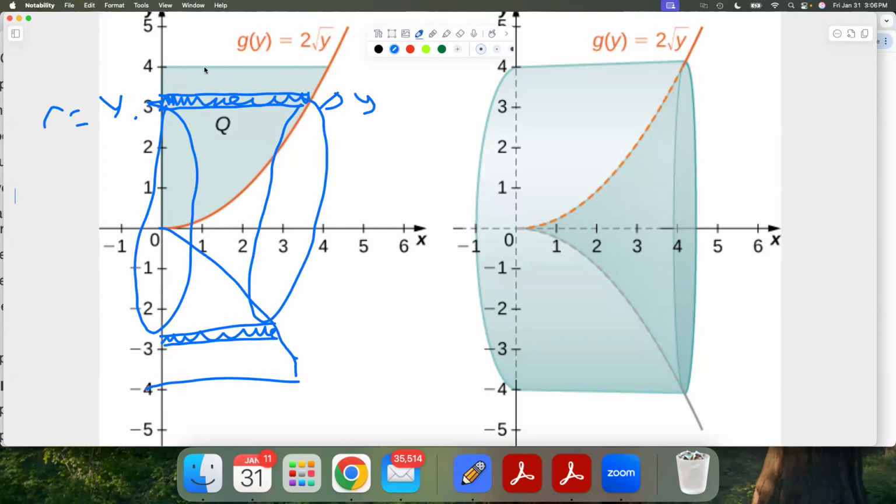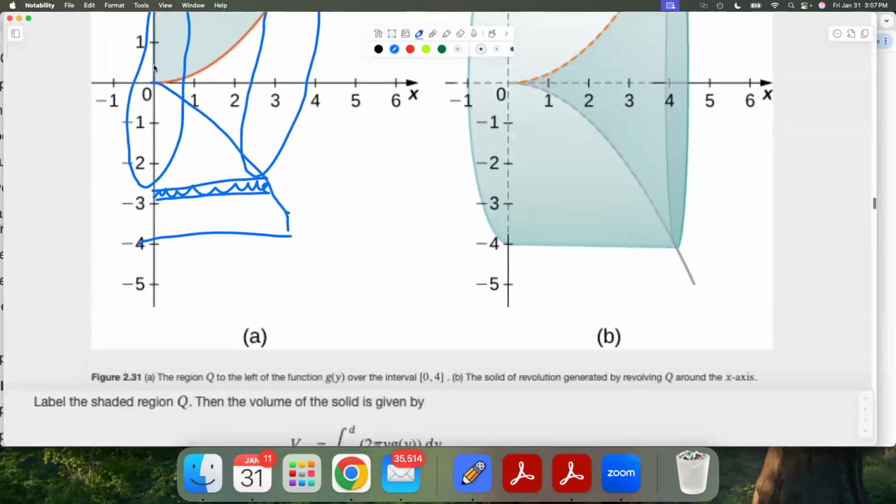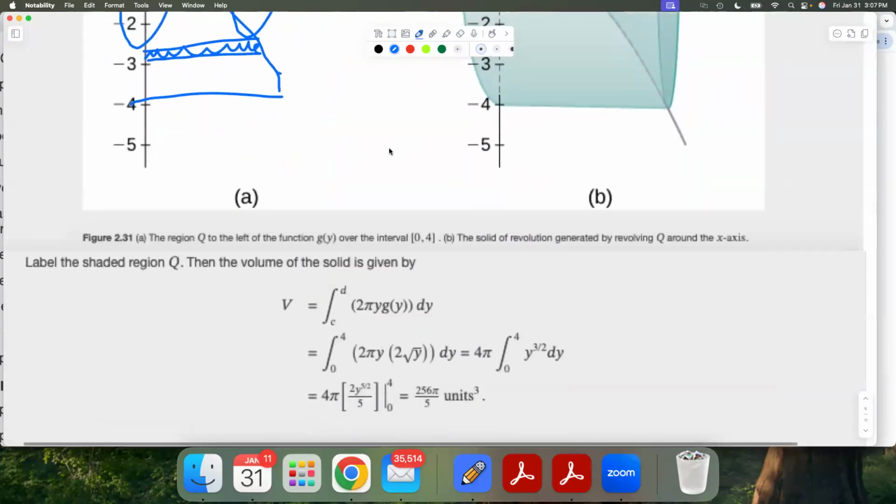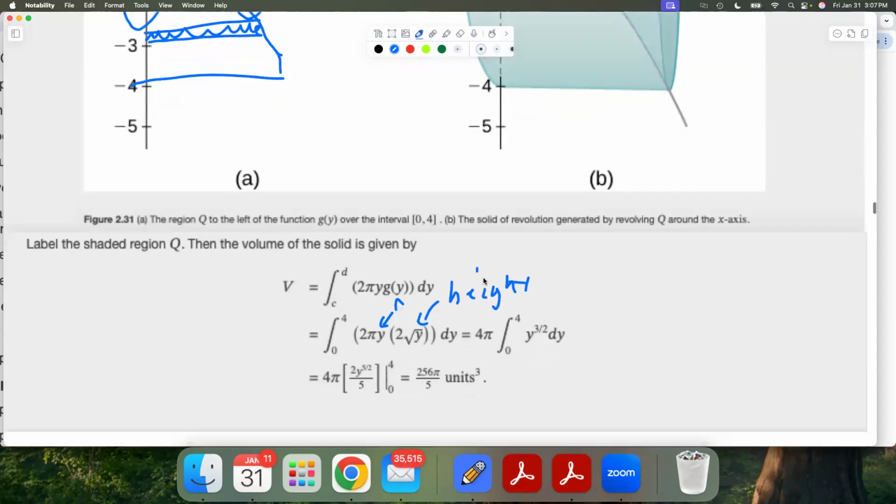And the height, always, the whole time, is just this function. That distance right there. The thickness is delta y. That's always true all the way from y equals 0 to y equals 4. So that right there was my radius. And that right there was the height of that cylindrical shell.